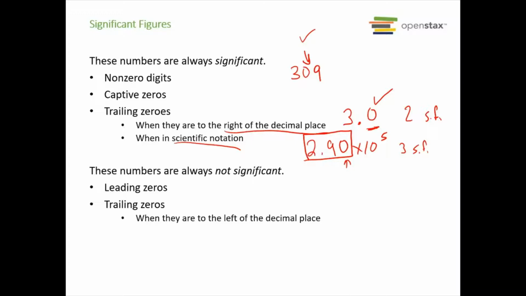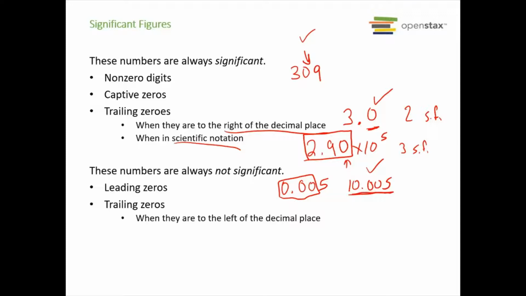Now, there are times when zeros are not significant. For instance, when they are leading. So if I have a number like 0.005, these are all leading zeros. There's no number in front of them, nothing. So these are just placeholders. They are not significant. Now, if this was 10.005, then they would be significant because they're sandwiched, or they're captive zeros.